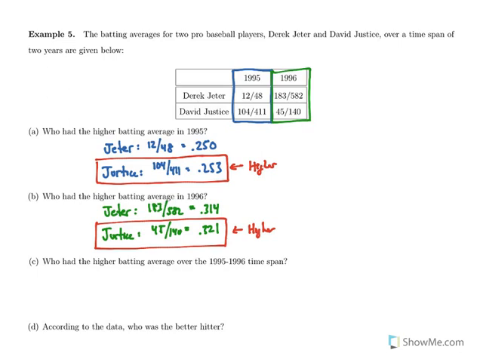What we're going to do is look at the total number of at-bats, in which there are for Jeter 48 plus 582, and we're going to have 12 plus 183 hits. And that's going to give us about 0.310.